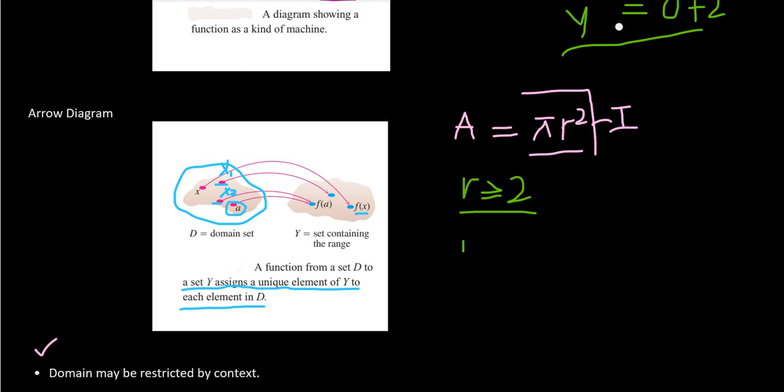But if I say that r belongs to any value of real numbers, then it may contain negative values, it may contain 0, or it may contain positive values. So this is our unrestricted domain.